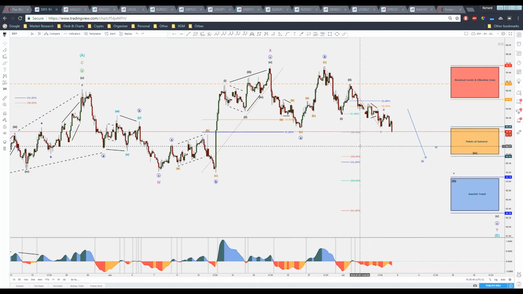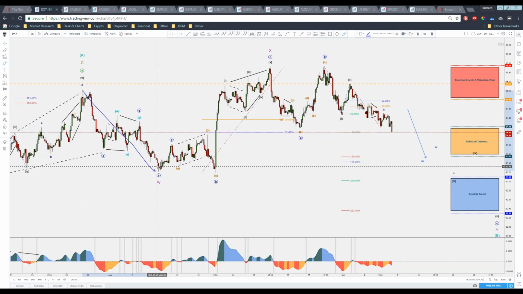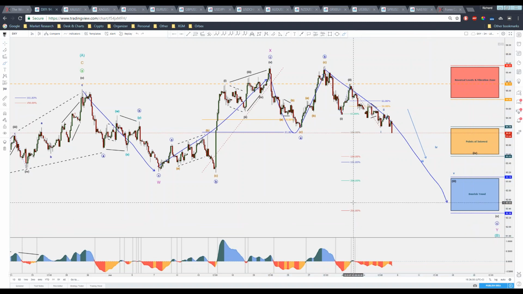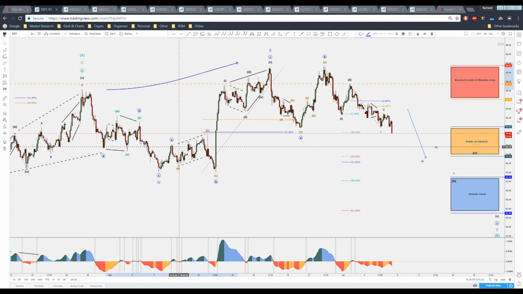Now, what would be expected for the dollar right now? Well, if I would be correct in this wave count, this would reflect W, X, and then AB with a C wave in the Y, right? With an ABC for the Y, thus completing a bigger pattern, a larger degree structure.